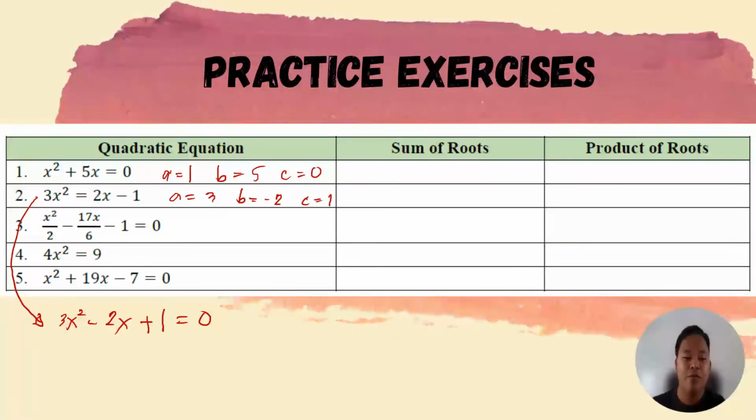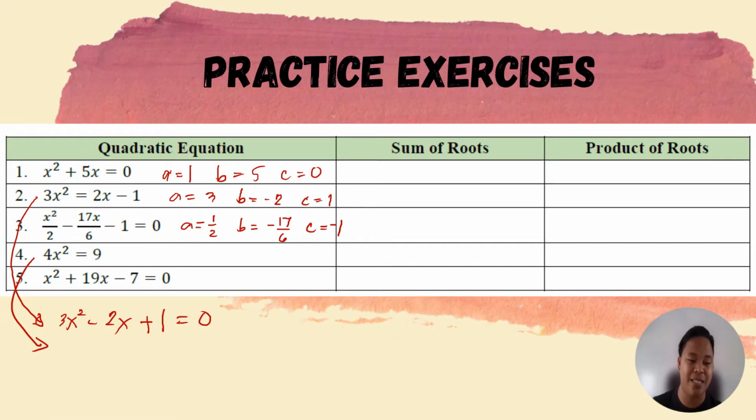1. For number 3, a is equal to 1 half, b is equal to negative 17 over 6, and c is equal to negative 1. For number 4, let us first write it in ax squared plus bx plus c.